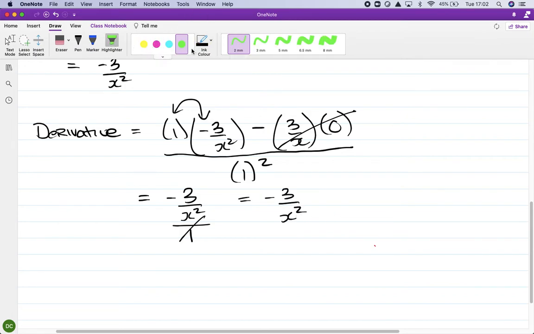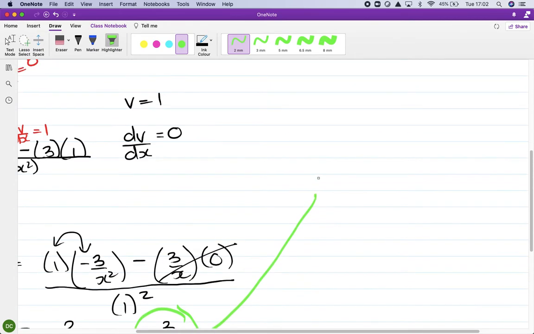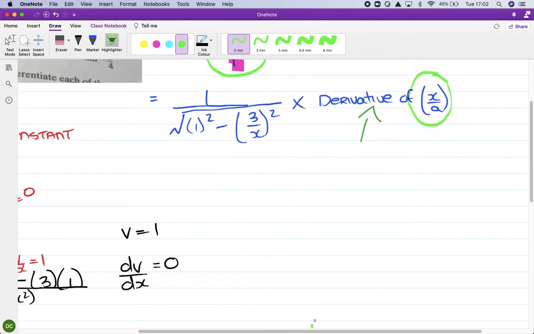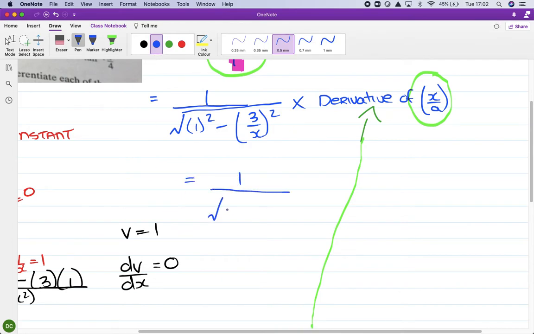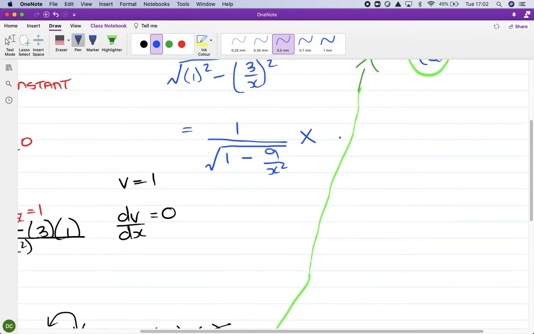So I'm going to take this, and it's going to go in up there. Okay? So it is 1 over the square root of 1 squared is 1 minus 9 over x squared, multiplied by the derivative, minus 3 over x squared.